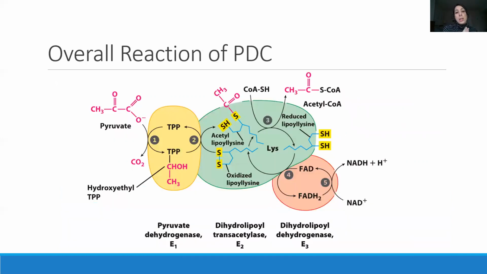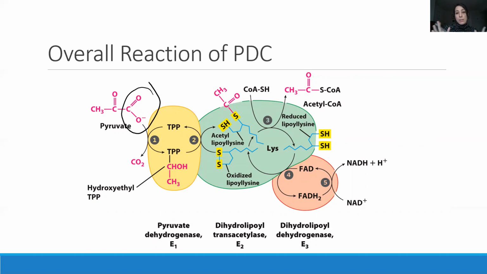So back to our image here, so you can see what's happening in pyruvate. Pyruvate is going to do this process in which it is using TPP to bind and also losing a CO2. So there's a multi-step process here in which we lose this whole CO2. You can see the carbon with the two oxygens.